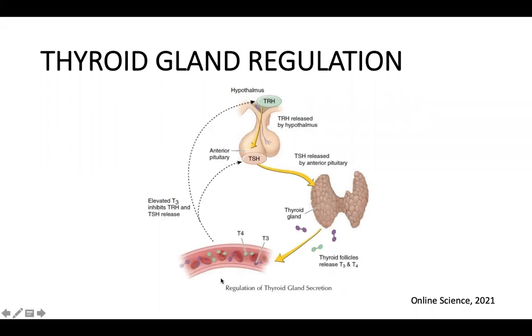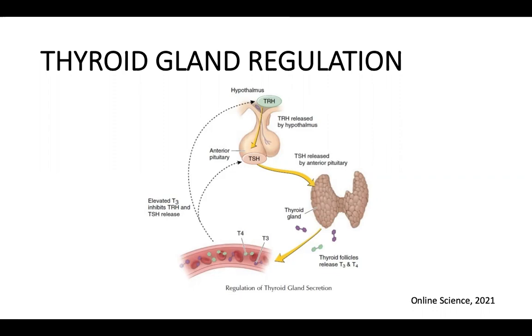We all learn this in biology 101, but just remember the hypothalamus releases TRH, thyroid releasing hormone, which then hits the anterior pituitary gland to release thyroid stimulating hormone, which goes down to the thyroid gland and says, hey, make some thyroid hormone, T3 or T4.